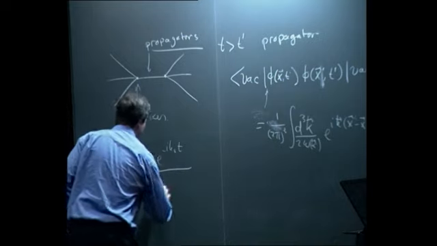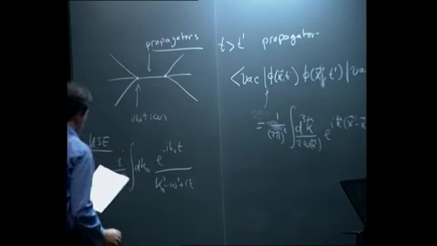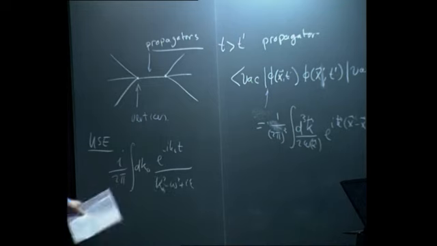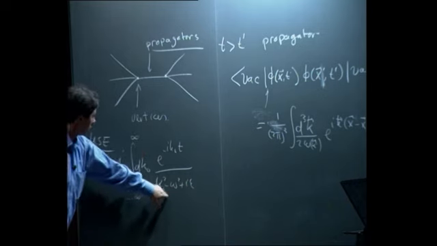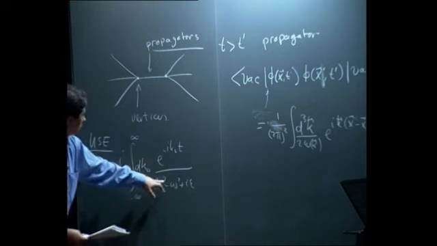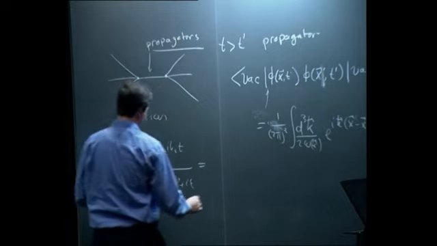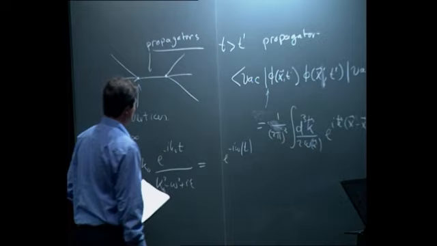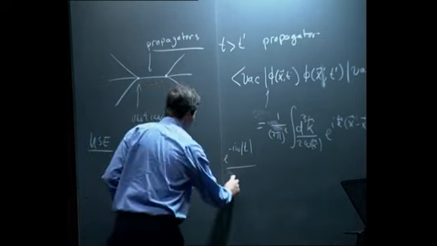And then if you take this denominator, this complex integration between minus infinity and plus infinity can be evaluated just using complex contour deformations and picking up the pole in here. You'll find that this gives you precisely minus i omega times the absolute value of t, divided by twice omega.